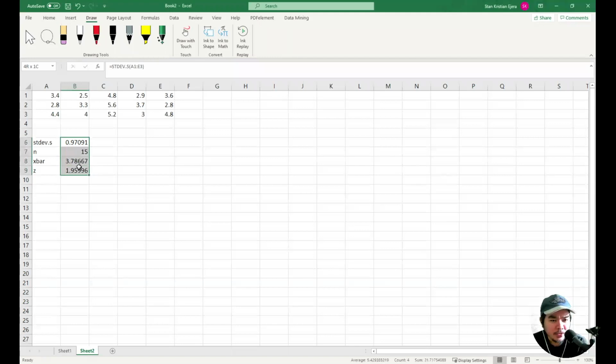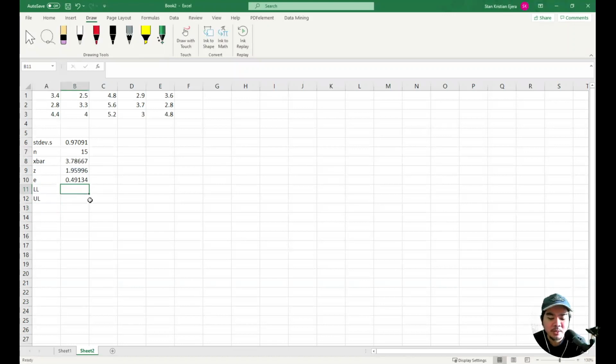Okay, so we have stdev.s 15, and I think we can now compute for the confidence interval, no? So we compute for E first. E is equal to z score times your standard deviation divided by square root ng 15. Okay, so our confidence interval will be equal siya sa, and we can do lower limit, upper limit. No?